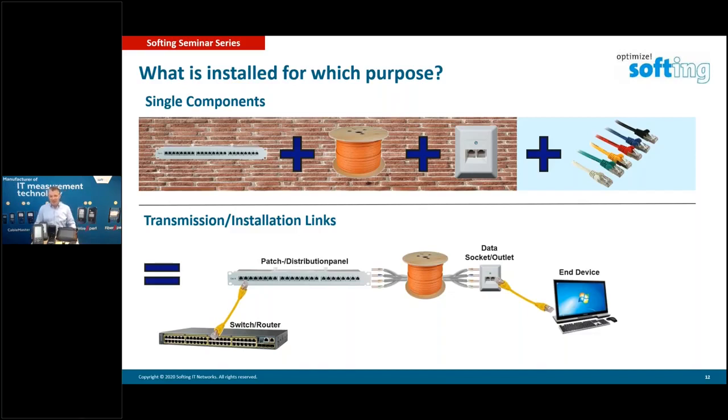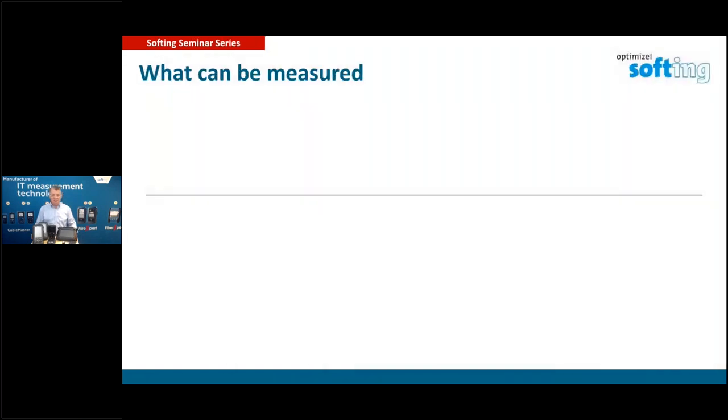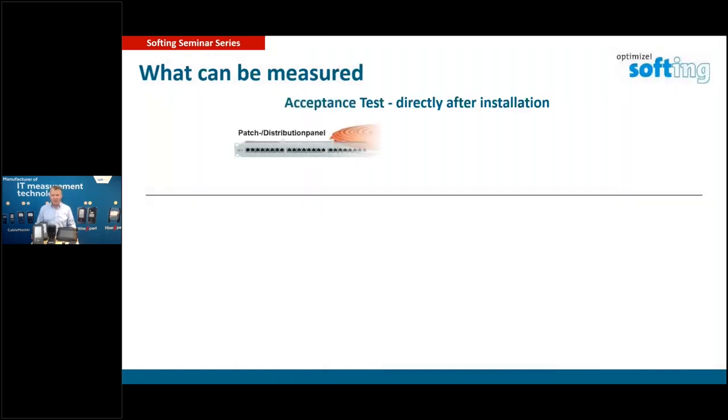What can be measured here? That is a question, because on one hand, what we can measure is directly after installation. Directly after installation, because panel, cable, and socket are fixed with the building, so nobody will change anything around this constellation. So normally this is definitely the link which we use for an acceptance test directly after installation.